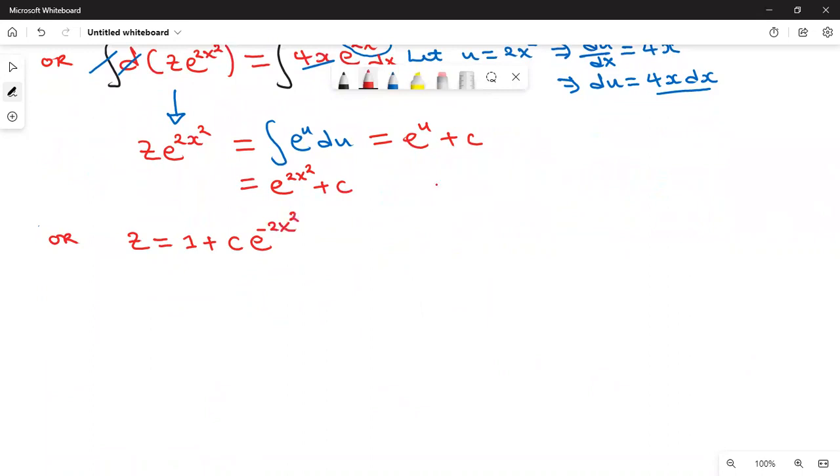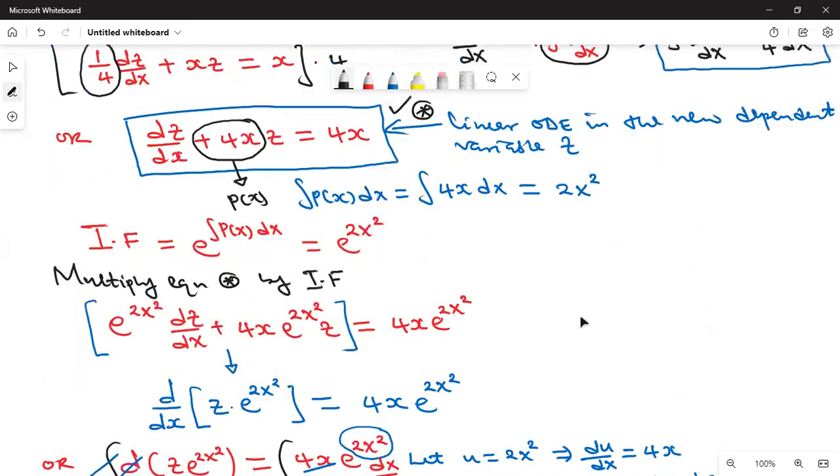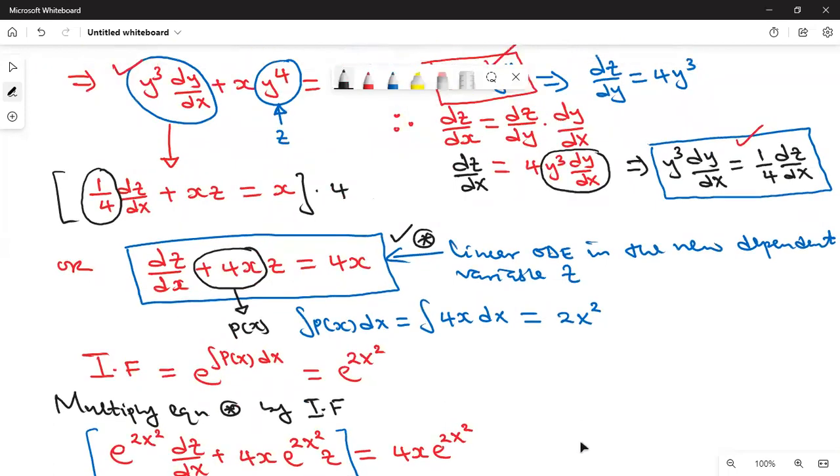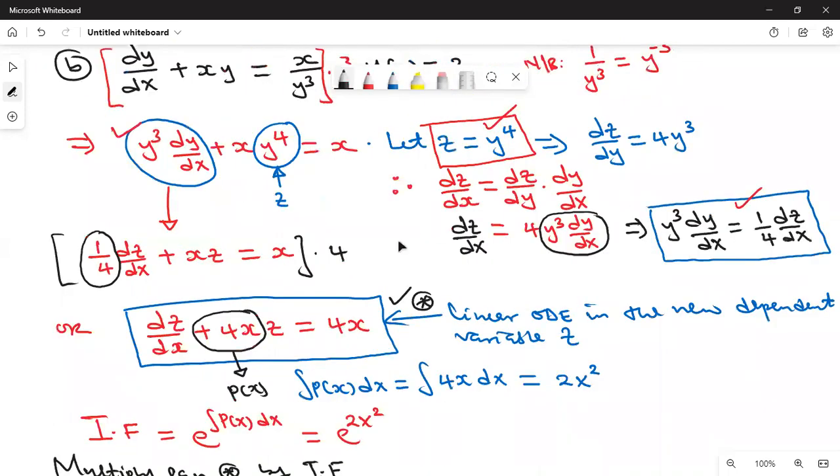So this is our general solution, but we have to replace z. So check where we defined our z and substitute it. We said z is equal to y raised to 4. So where there is z, we put y raised to 4.